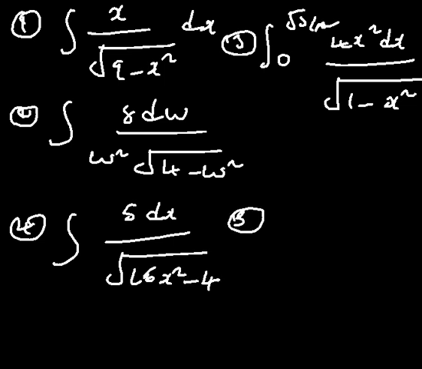And also try to evaluate the integral of dx over x squared times the square root of x squared plus 1. Try this one as well and see how we can have it.